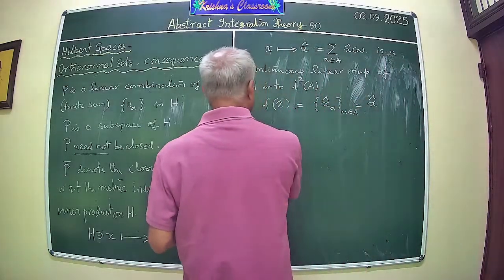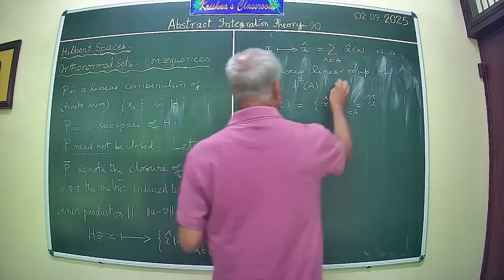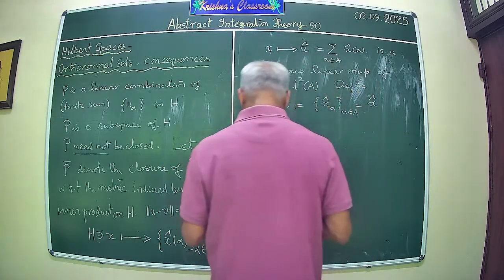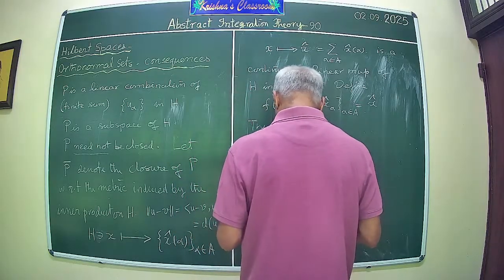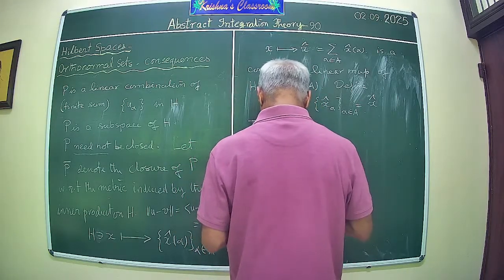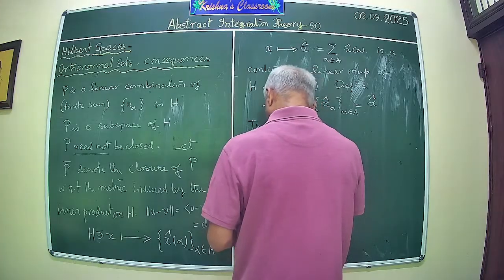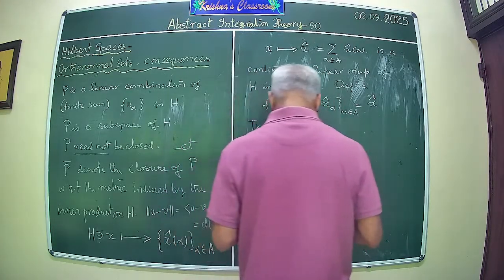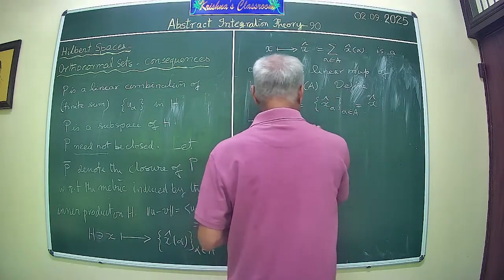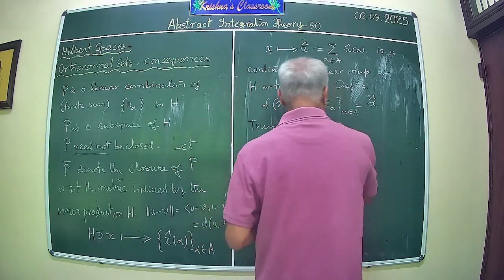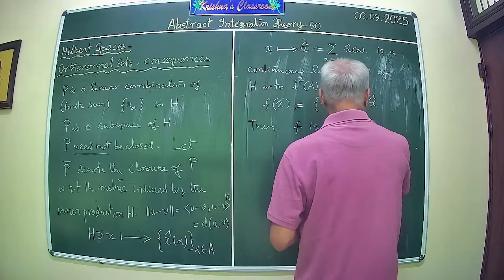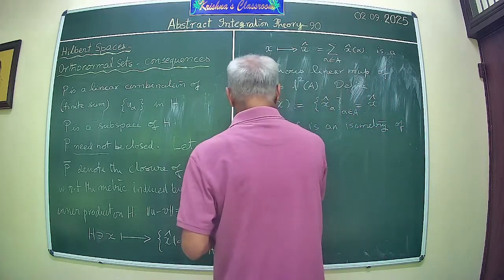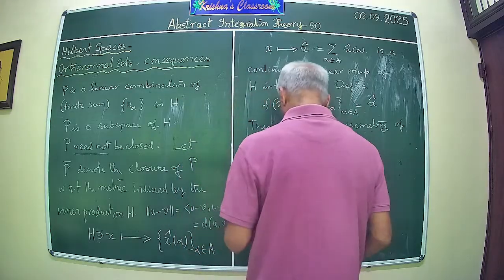Then F is an isometry of P closure onto L2(A).